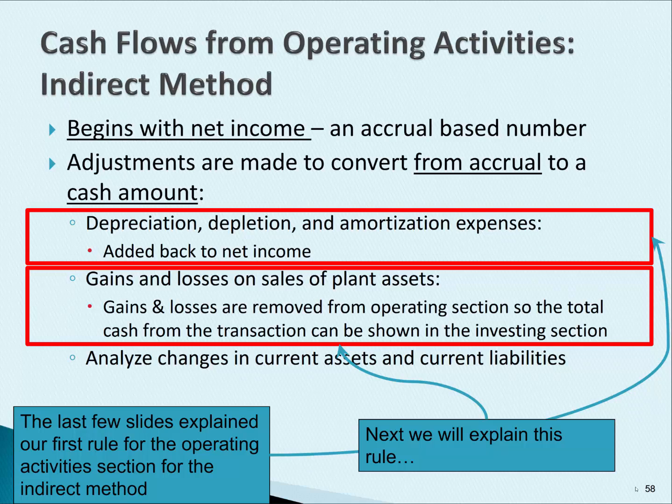Because the total cash from the transaction must be shown in the investing section, not the operating section. So we're going to run through an example, and this example will have a gain, but will not have a cash portion of the transaction. So that's what's going to be different about this example from the one we previously had in this PowerPoint.